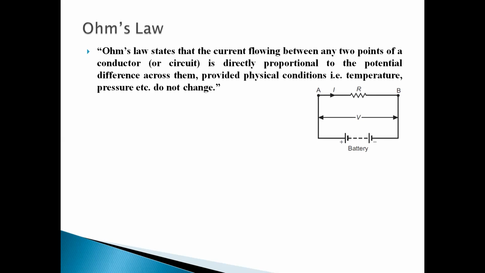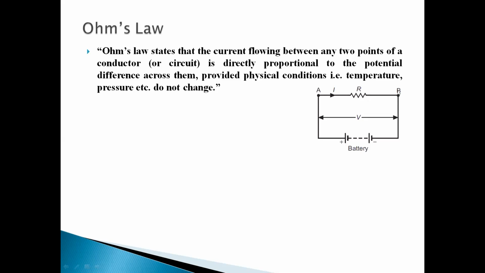It states that the current flowing between any 2 points, the points A and B in this diagram, of a conductor or circuit, conductor meaning a wire having resistance, is directly proportional to the potential difference across them.